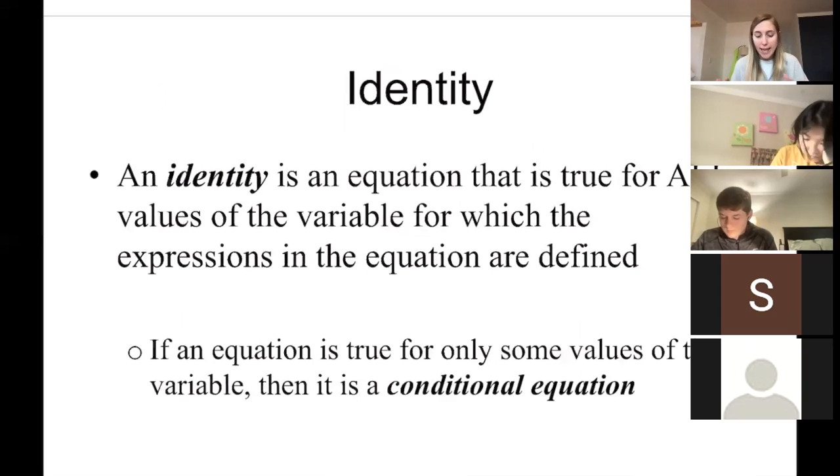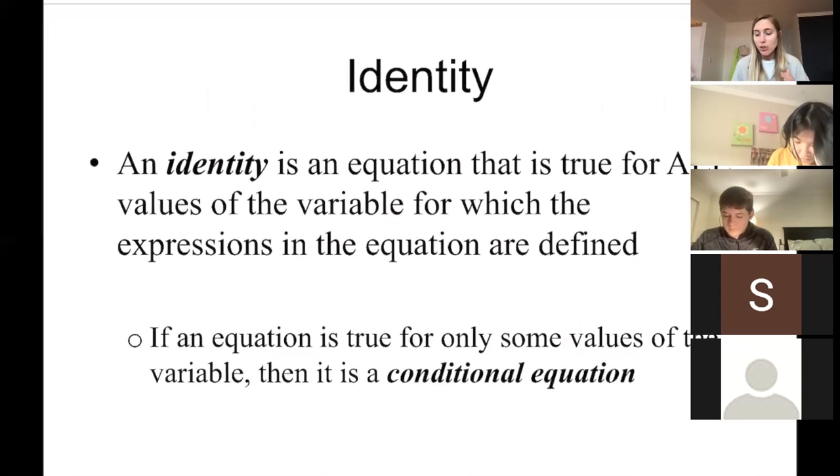Okay, so an identity. An identity is an equation that is true for all values of the variable for which the expressions in the equation are defined. If an equation is true for only some values of the variable, then it's a conditional equation. So you can think of a conditional equation like when you solve a linear equation and you have one solution, or if you solve a second degree polynomial equation, also known as a quadratic equation, and there's maybe two solutions or one solution.